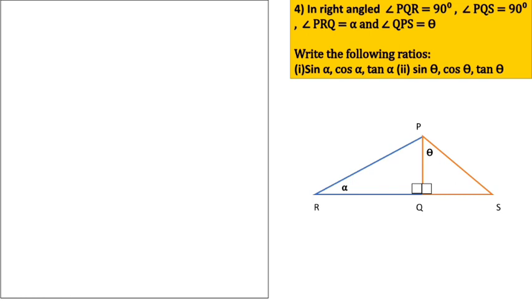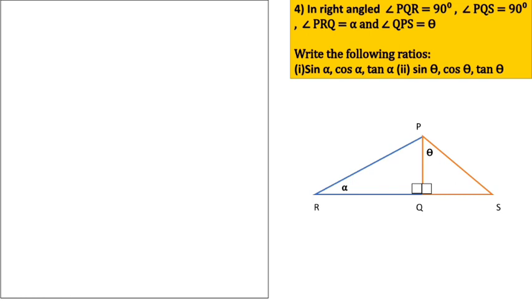The first ratios we have to find are sin alpha, cos alpha and tan alpha. So alpha is given in which right angle triangle? In triangle PQR. So we will see only the triangle PQR. We will not see the triangle PQS.